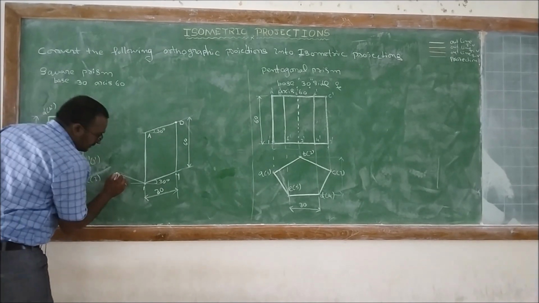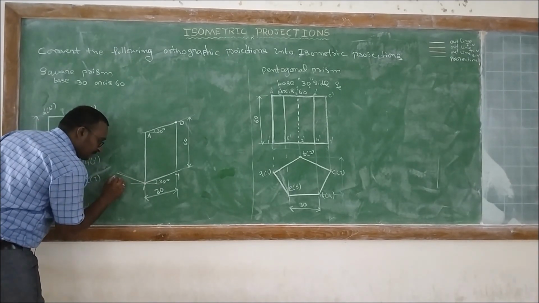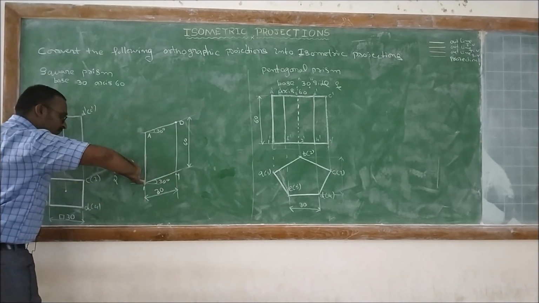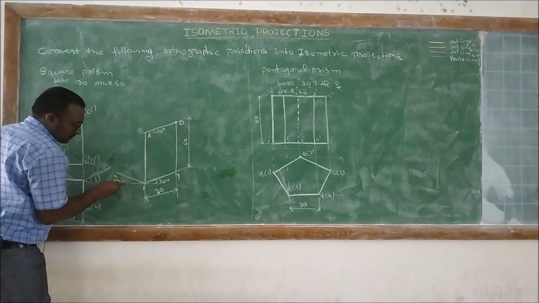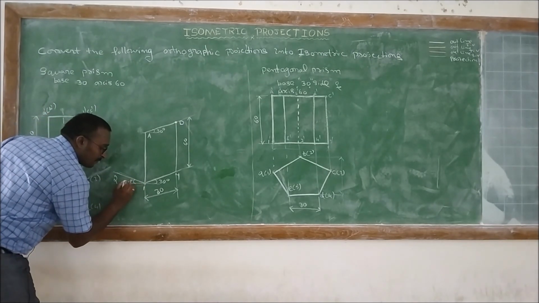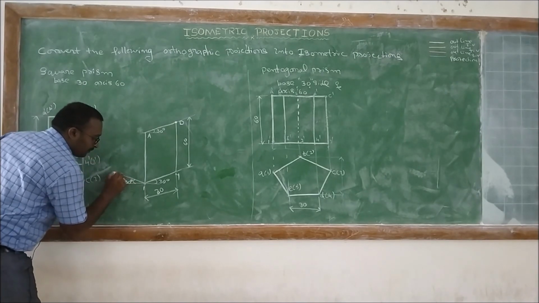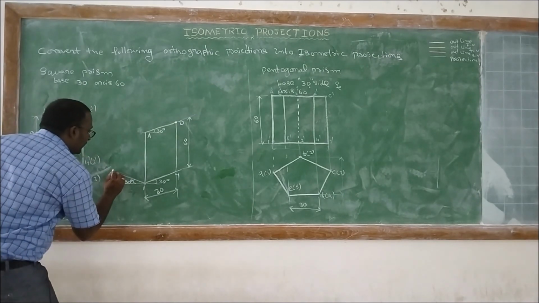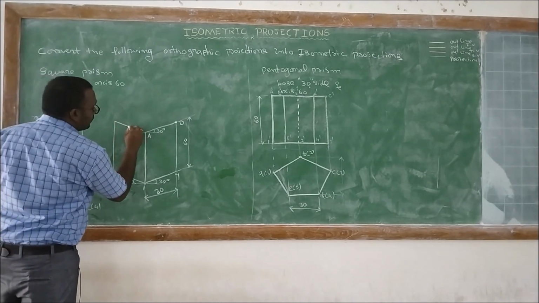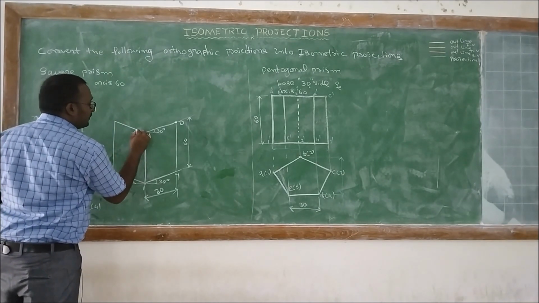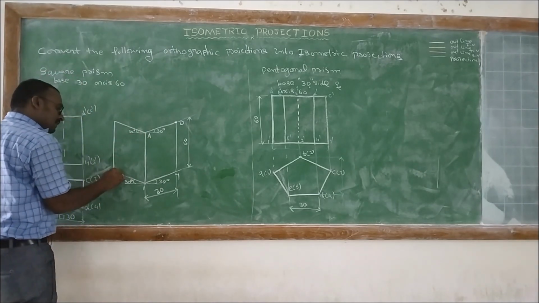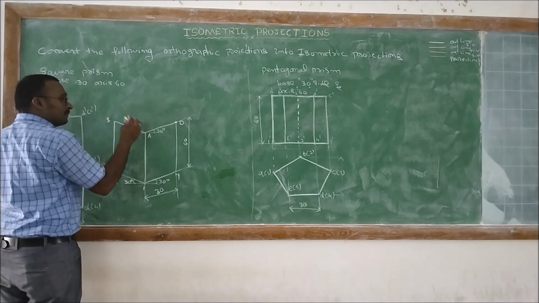1B line. So 1B, that is 1 2, which is equal to this length, and also the 30 degrees inclination with ground. Then the vertical line should be vertical and then the horizontal line should be inclined at an angle of 30 degrees to the ground. Here there will be a 2B.